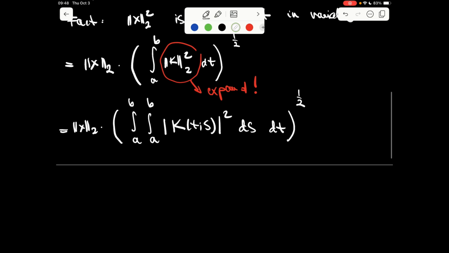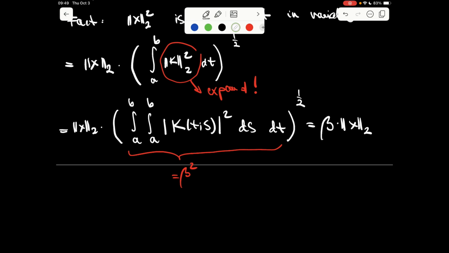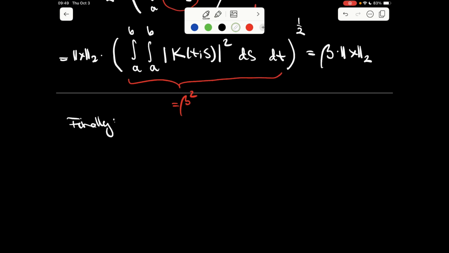And according to Luenberger's assumption, this integral is beta square. So this whole stuff equals beta times the norm of x. So finally, let's be very explicit. Finally, we have this result. It's more than a claim. It's now demonstrated.